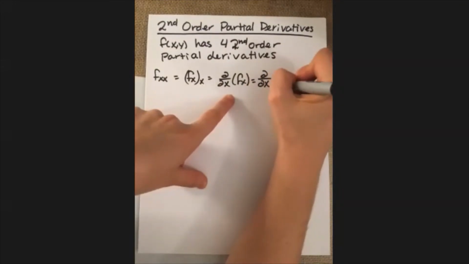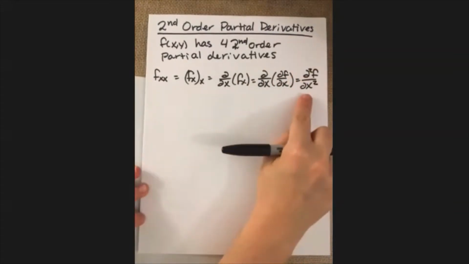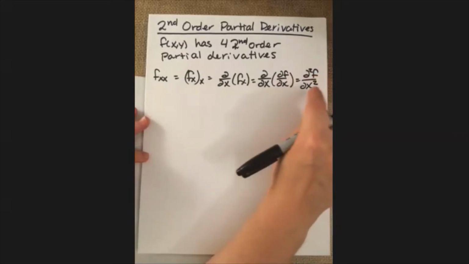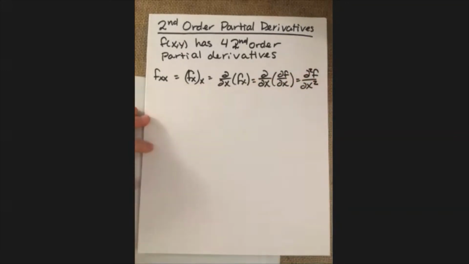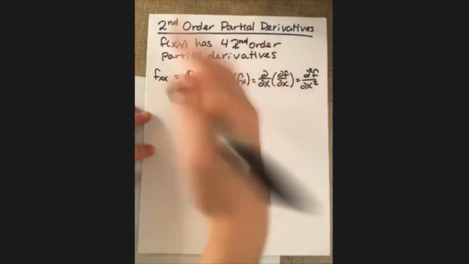This is really similar to what you're probably used to seeing with the second derivative when we're working with just f of x equals y, where you have the little squared term on the x and the little squared term on the d there as well. So this is one second order partial derivative.